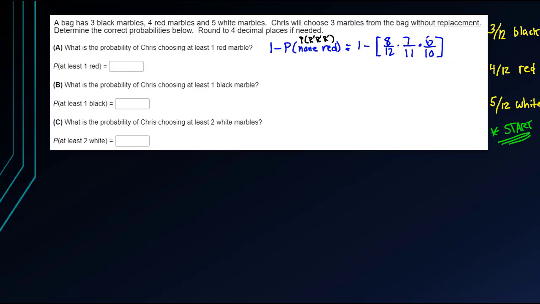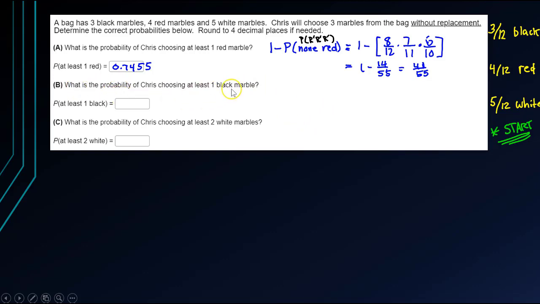That's really the only difference with this, because I'm not going to have 12 marbles to choose from if the first one's not red. All 3 of them have to not be red. So the first one's not red, it's an 8 out of 12. Now, assuming that happened, the next one's going to be a 7 out of 11 and a 6 out of 10. I do 1 minus that, I get 41 out of 55, which is about 0.7455.